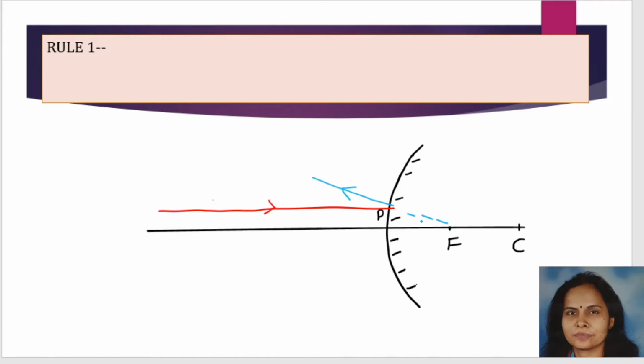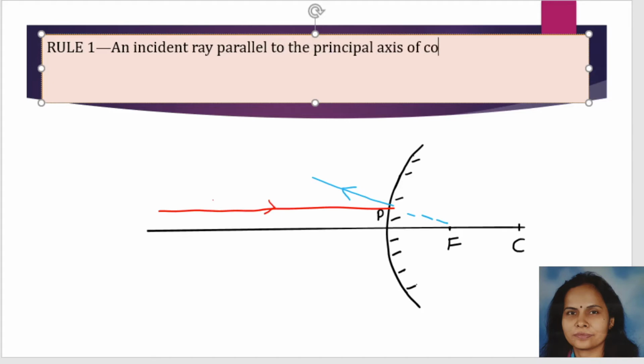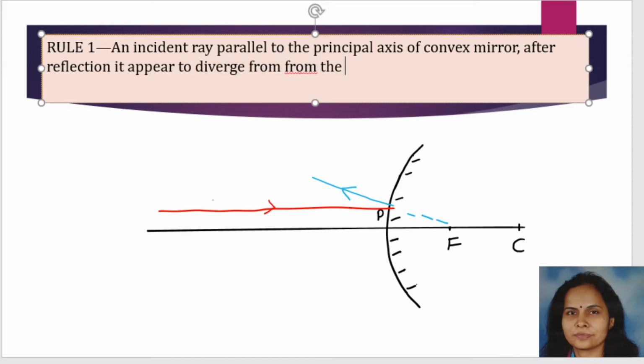So be careful that behind the mirror we will draw all the lines dotted ones, right? So this is your first rule.